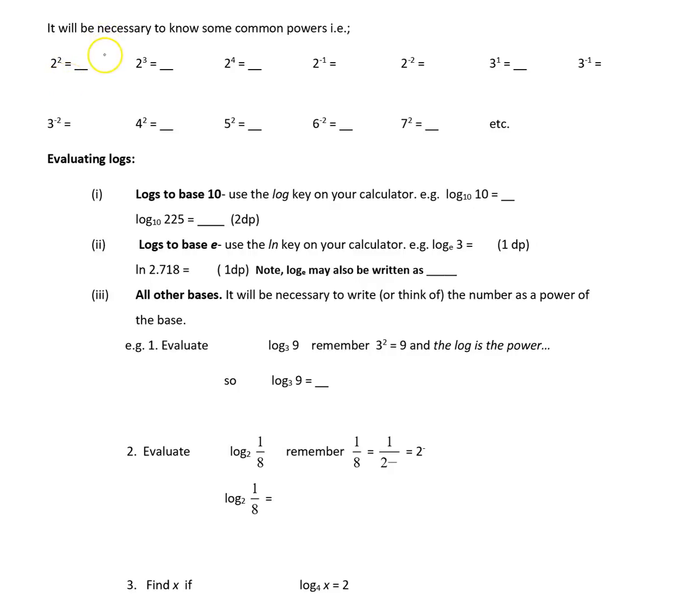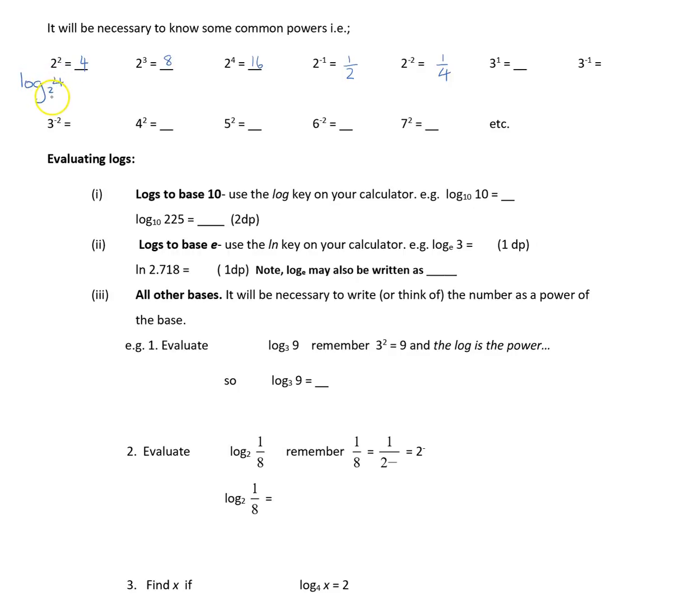Let's quickly do that. So 2 to the power 2 is 4, 2 to the power 3 is 8, 2 to the power 4 is 16, 2 to the minus 1 is a half, 2 to the minus 2 is 1 over 4, and let's stop there.